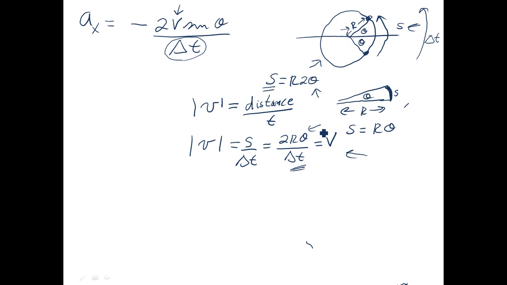I've established it in terms of the time and the actual distance traveled. What I can do is use this statement here to eliminate that nasty looking delta t business. So I can say that delta t is equal to 2r theta all over v.